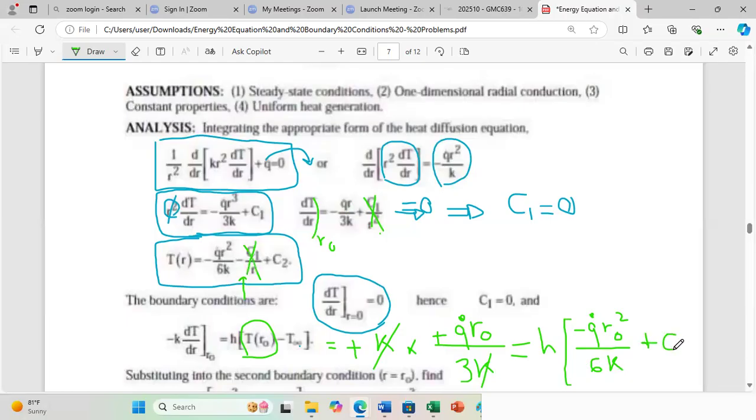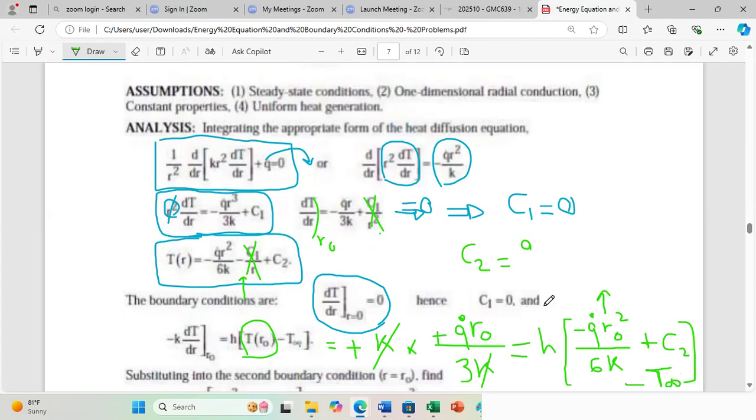And as you can see, this condition will give us the value of C2, okay? Because we can deduce from here that C2 is equal to minus T infinity. Okay.